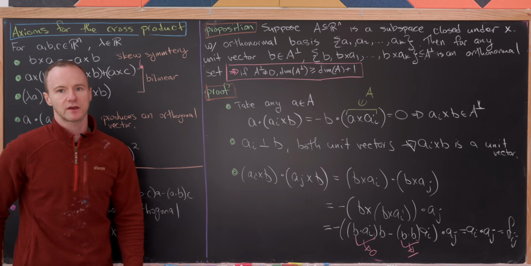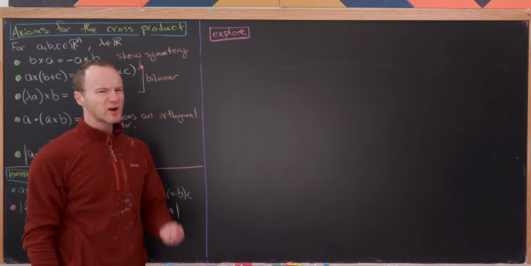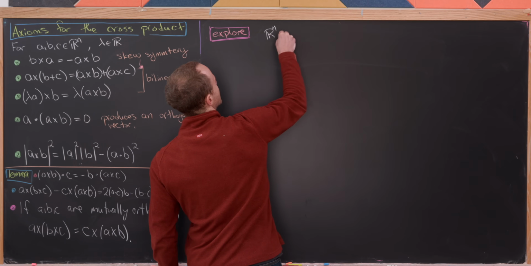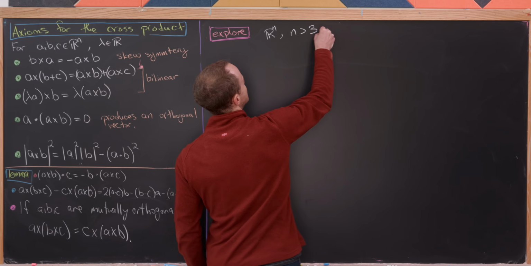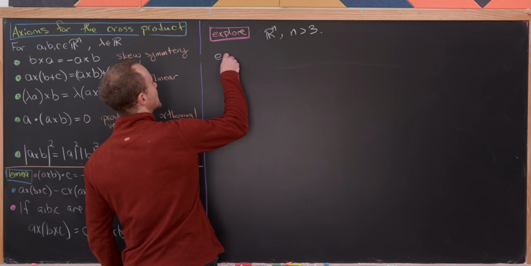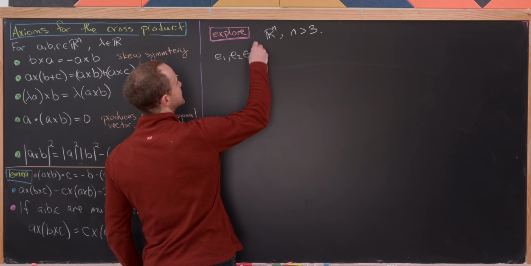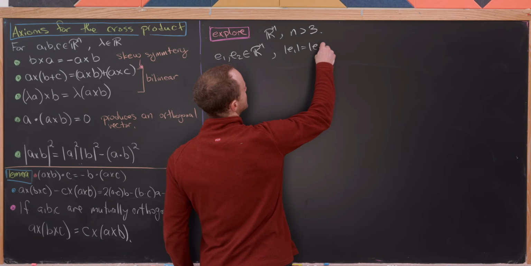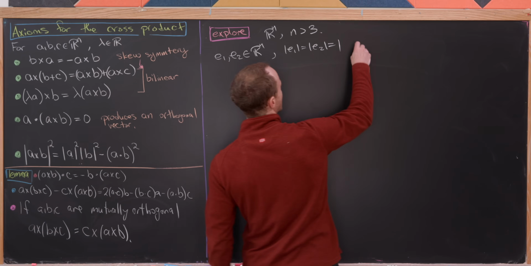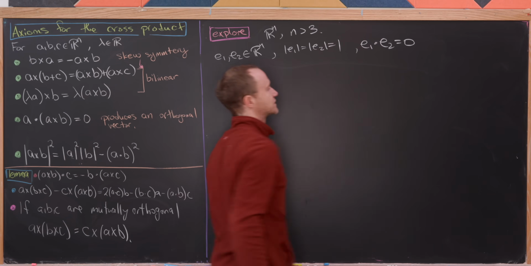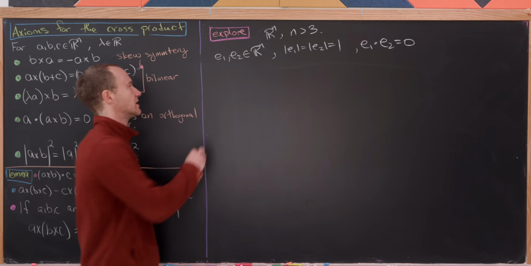Okay, so let's see where we can go from here. Okay, so now we're going to explore a little bit. So let's say we have R^n where n is strictly bigger than 3. And then let's take e_1 and e_2 inside of R^n where their length is equal to 1. So in other words, they're unit vectors and they are orthogonal to each other. So their dot product is equal to 0.